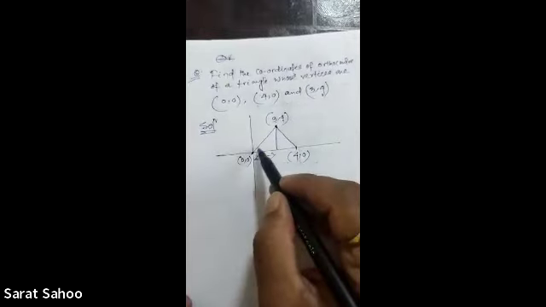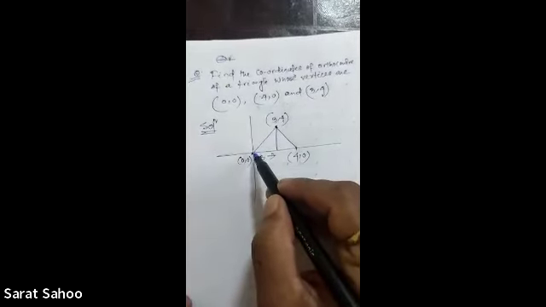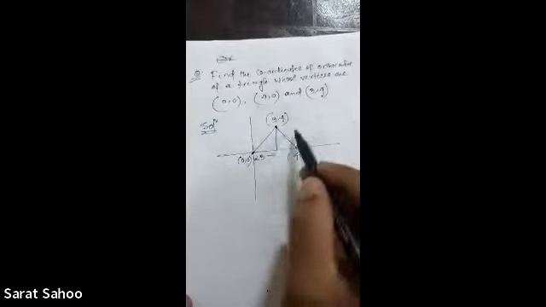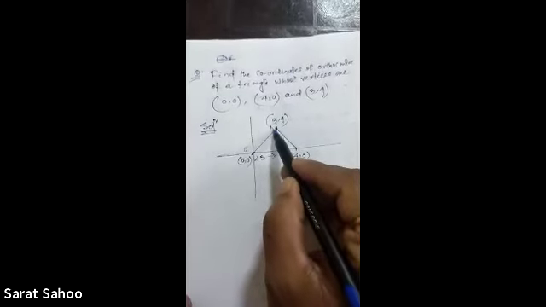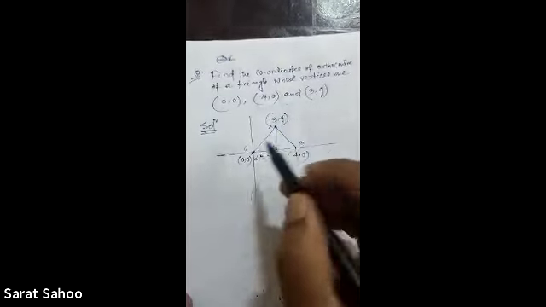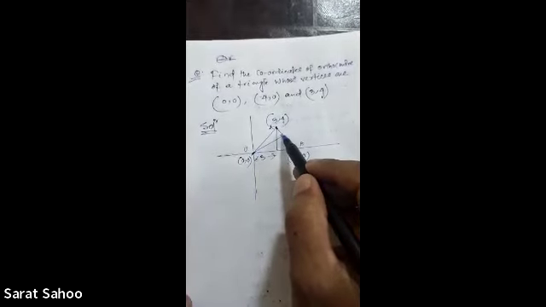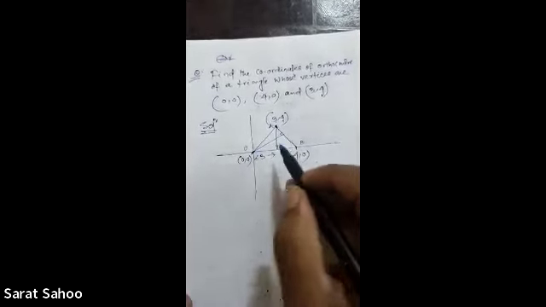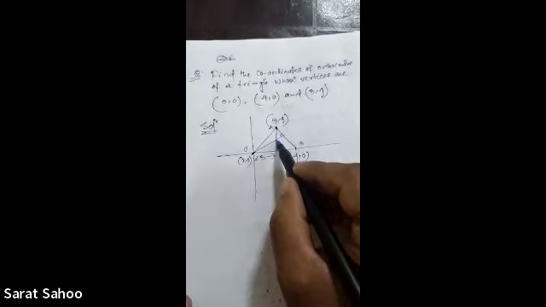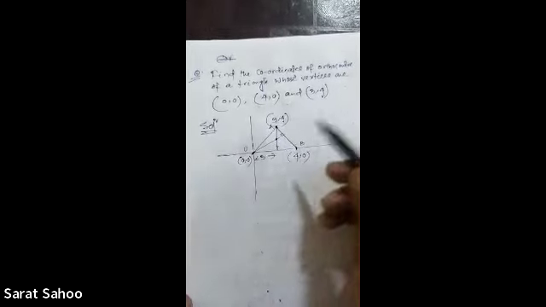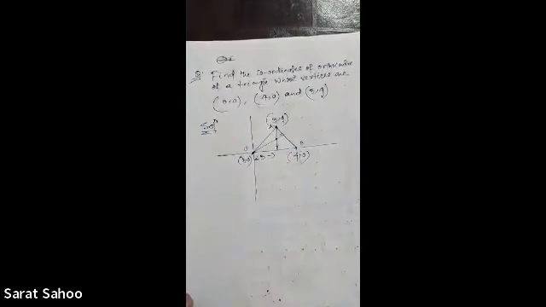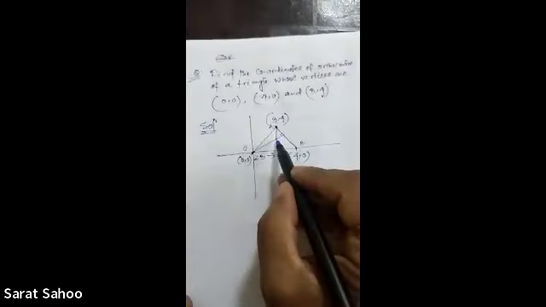Okay. So if you drop a perpendicular from origin, suppose this is O, this is A, this is B. Now drop a perpendicular from origin upon AB. This is another altitude. This is the first altitude. These two altitudes meet at this point. So eventually the third altitude must pass through this point. This is the orthocenter of the triangle.